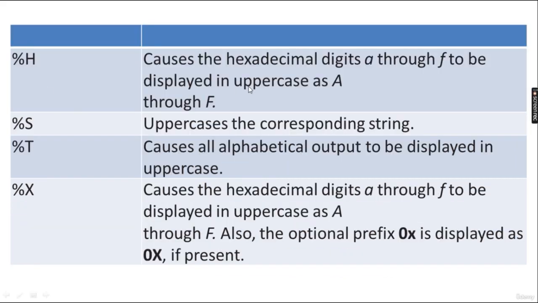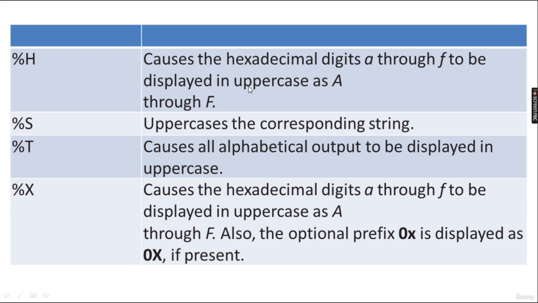%H causes the hexadecimal digits a through f to be displayed in uppercase as A through F in capital letters. %S uppercase is the corresponding string. %T causes all alphabetical output to be displayed in uppercase. %X causes the hexadecimal digits a through f to be displayed in uppercase as A through F capital.